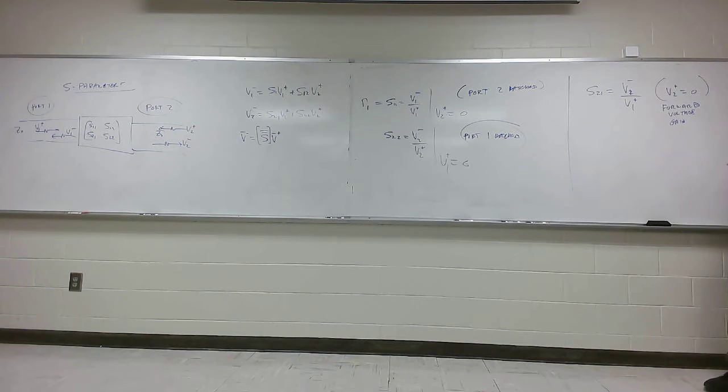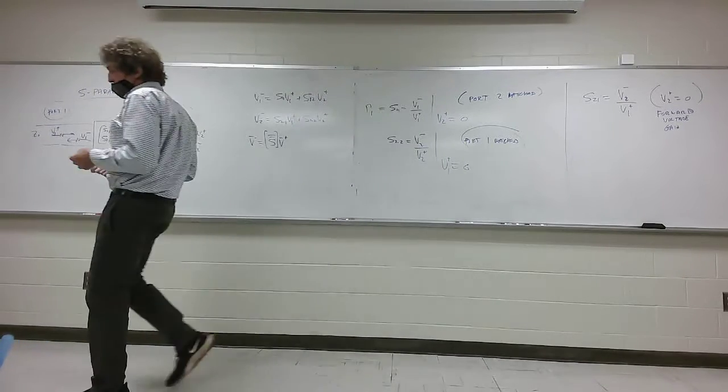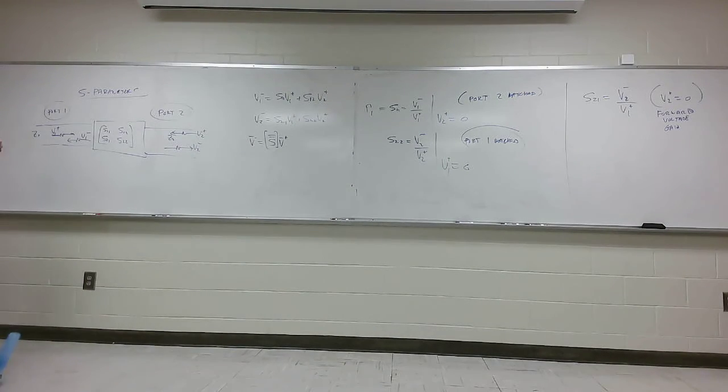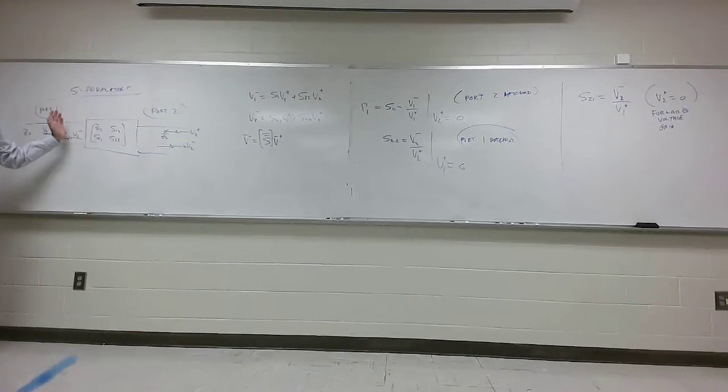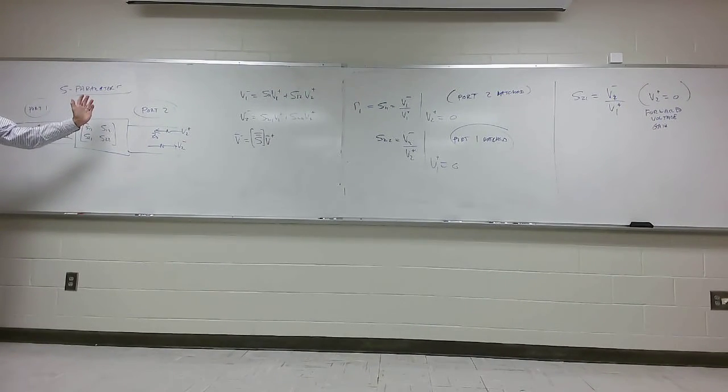Now that should make sense. If you just look at this, V2 minus is coming out of port 2, V1 plus is going into port 1. So this is the forward voltage gain. If for whatever reason S21, say it was 10, and the first voltage coming in was 1 volt, the output would be 10 volts. That's all it means. There's nothing more to that.